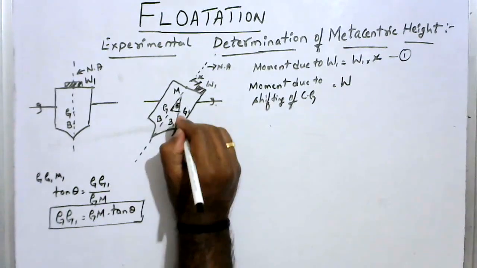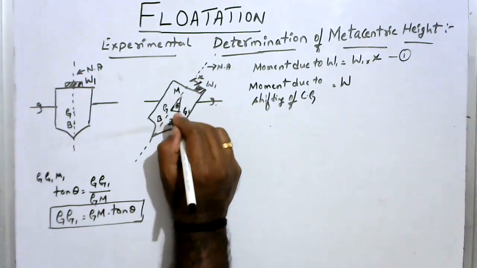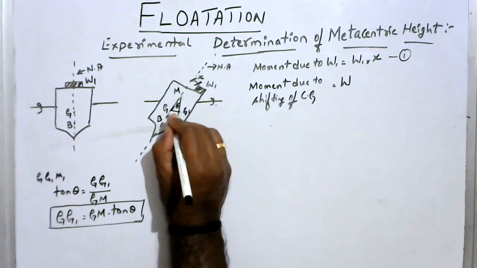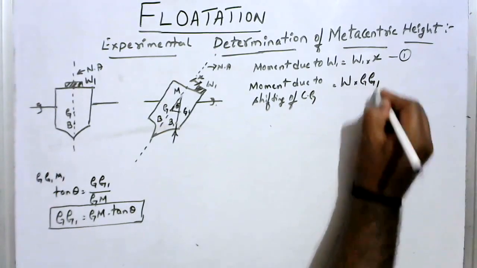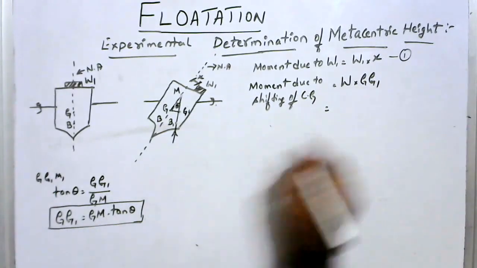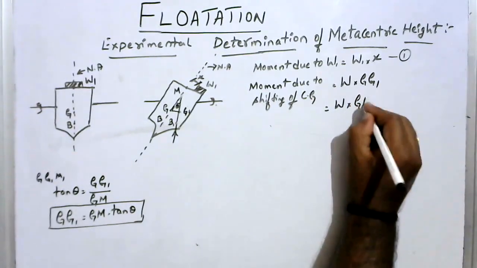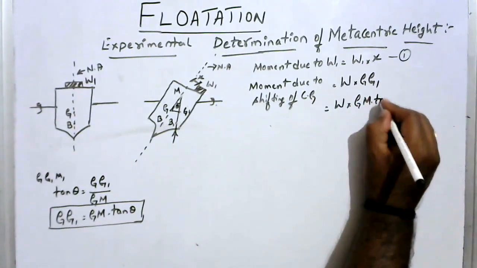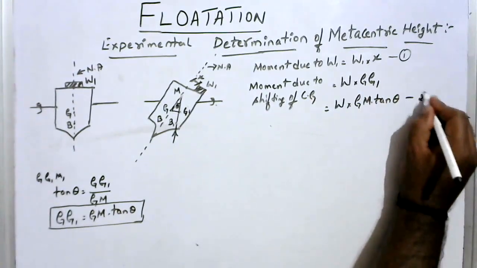That is because the center of gravity is the point where the weight is concentrated. Therefore, that weight multiplied by the distance GG1. Okay, but what is GG1? Already we have written here, GG1 is nothing but GM tan theta. Call this equation 2.